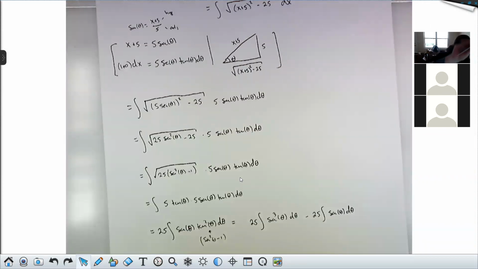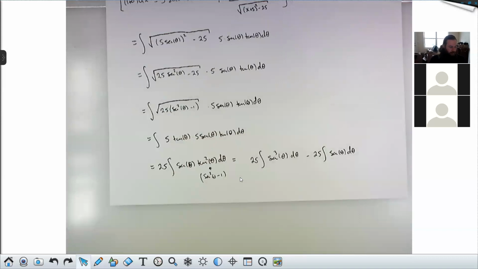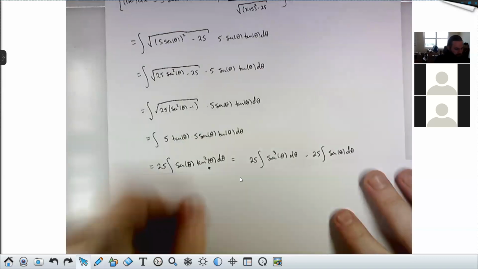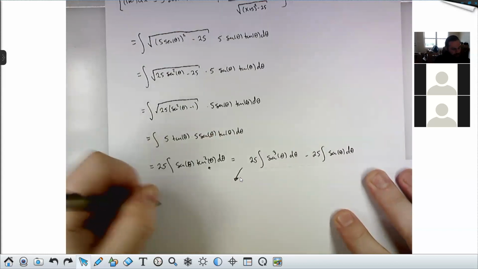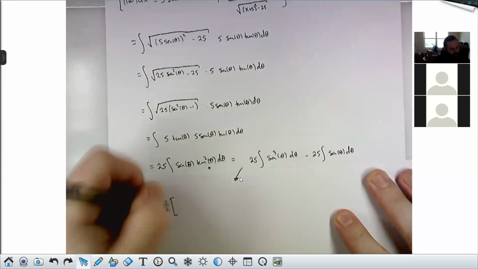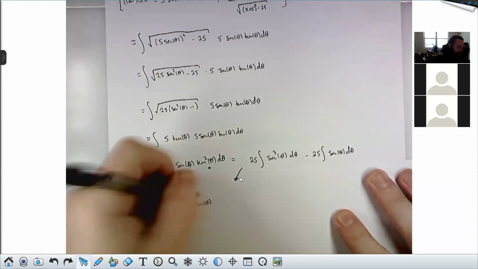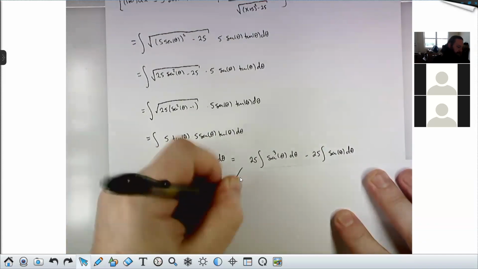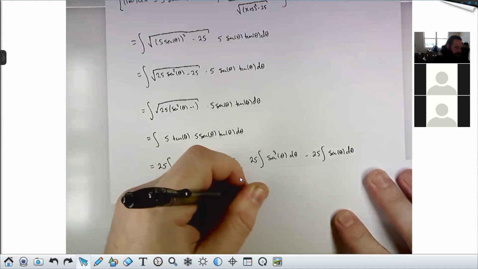So I could say, okay, I know the integral of secant cubed is 1/2 secant tangent plus natural log secant plus tangent. I know the integral of secant itself, that's the natural log of secant plus tangent. So from here, this is 25 times 1/2 bracket secant theta tangent theta plus natural log secant theta plus tangent theta.